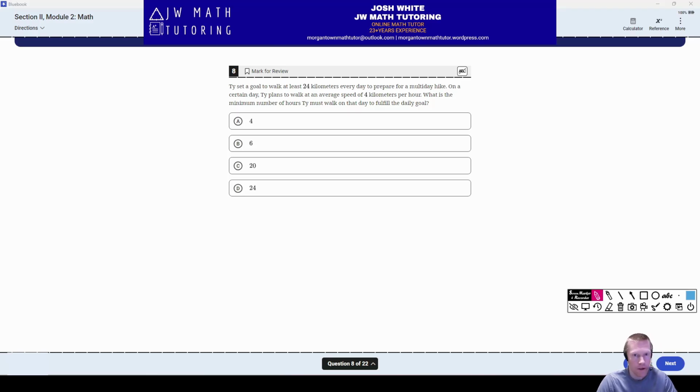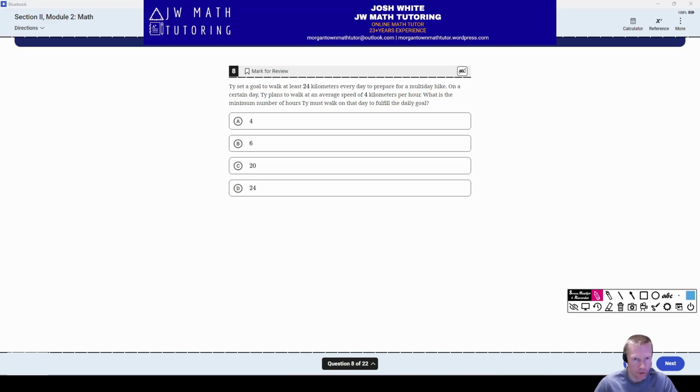Next up, number 8. Here we have basically, you could look at it as a unit conversion problem. You could look at it as a rate times distance problem. Essentially, what we're doing here is we have his speed of 4 kilometers per hour, and we want to know how many hours he must walk in order to satisfy that goal.